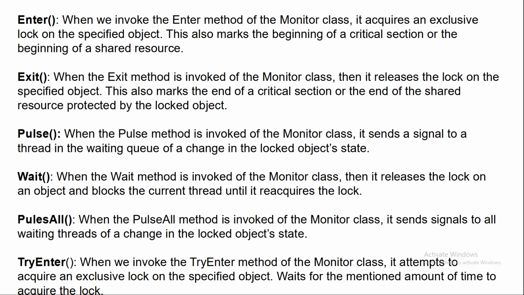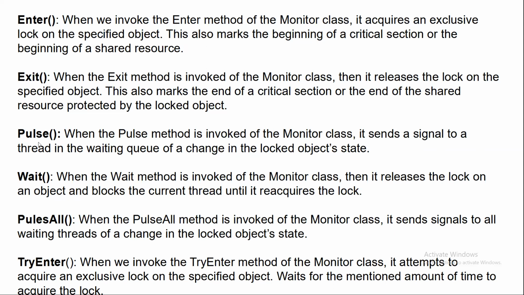Okay, and Pulse means, when the current thread is going to release the lock, let's say, if the current thread is going to change its locking behavior, then if you issue a Pulse, that means you are sending a message to the other threads which are in the waiting mode.